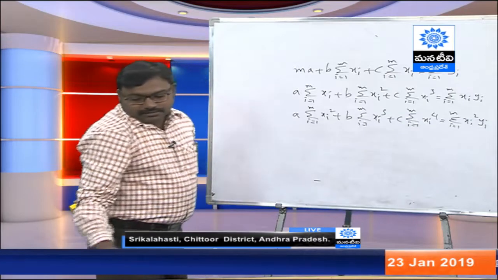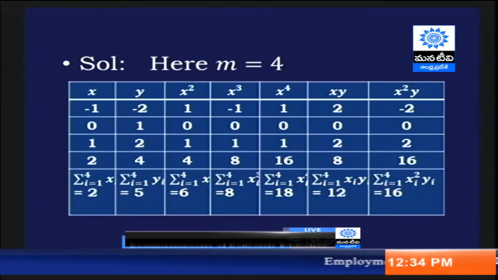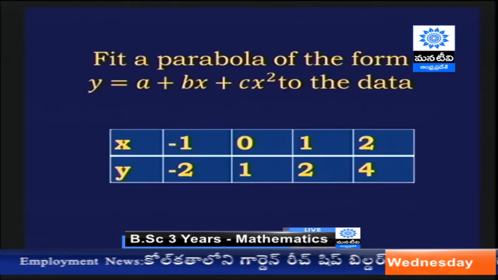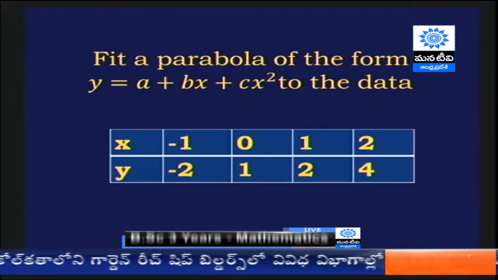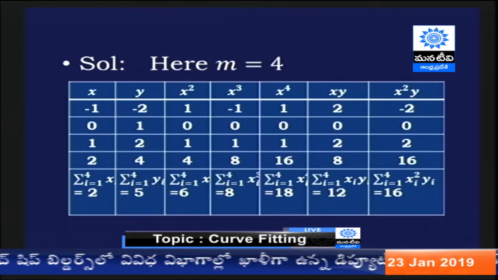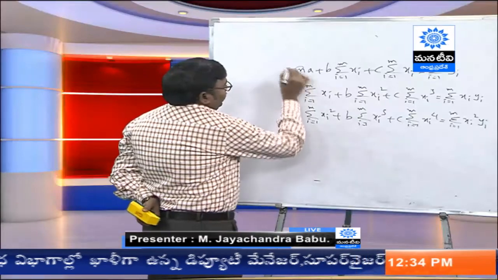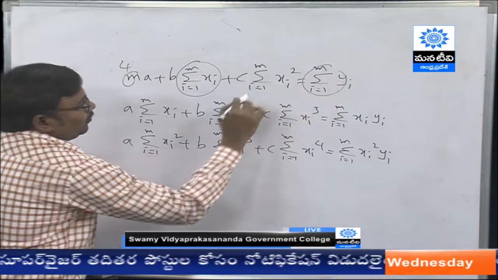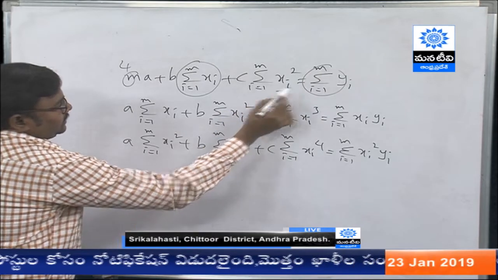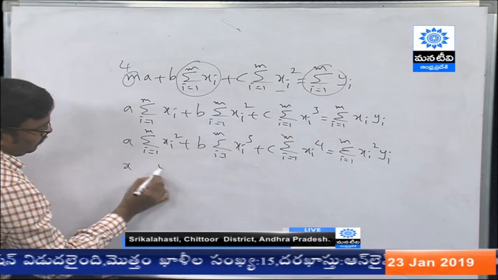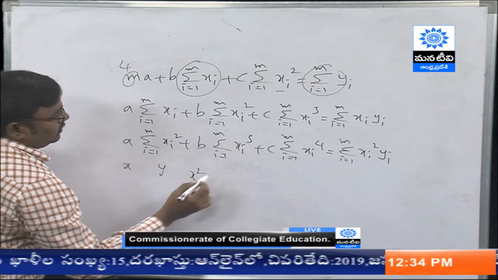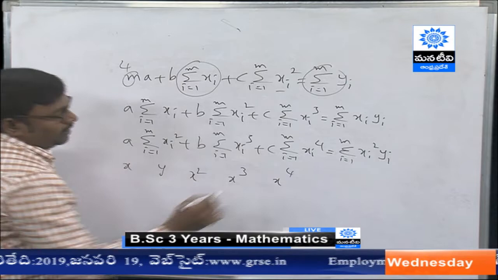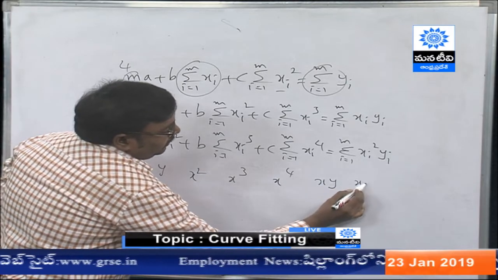So, here m equal to 4, because we have only 4 data values: minus 1, 0, 1, 2, and corresponding values are minus 2, 1, 2, 4. Here we need to find summation x_i, this is the usual thing, summation y_i, but what we need extra is x_i square, x cube, x power 4, x y, and x square y.